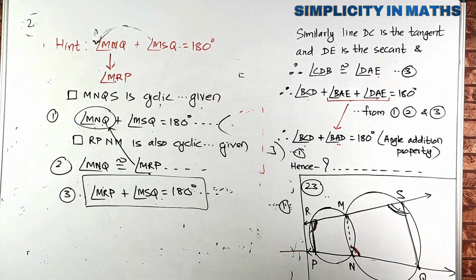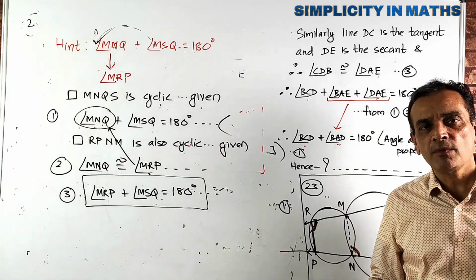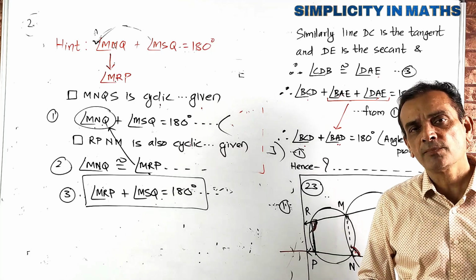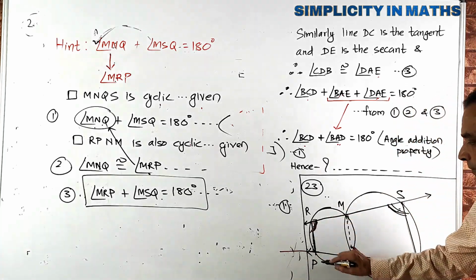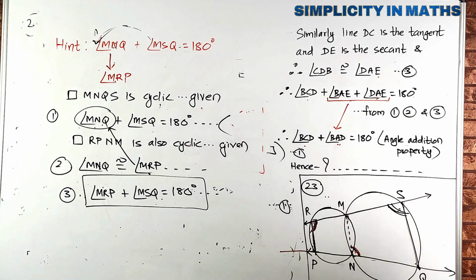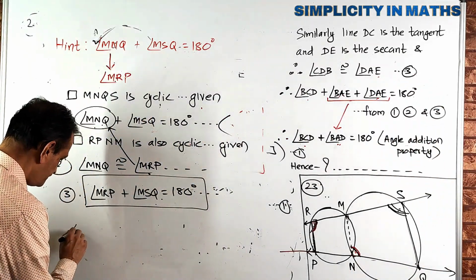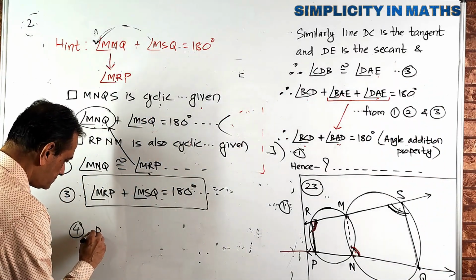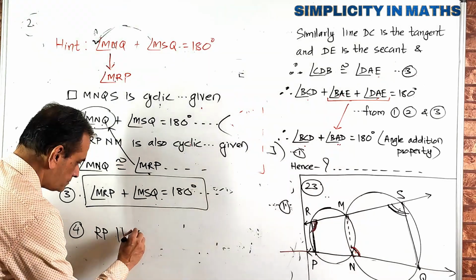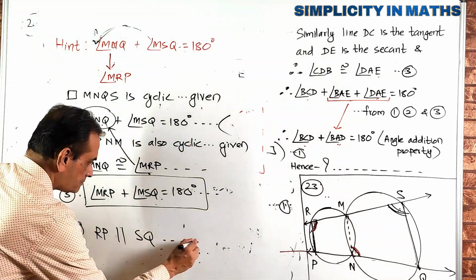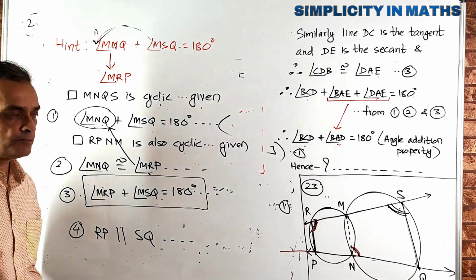So what happens when interior angles are supplementary? When interior angles are supplementary, the lines are parallel. Simple सी बात है. So RP parallel to SQ. Reason? Interior angles test. Reason आप लिखना बाद में.